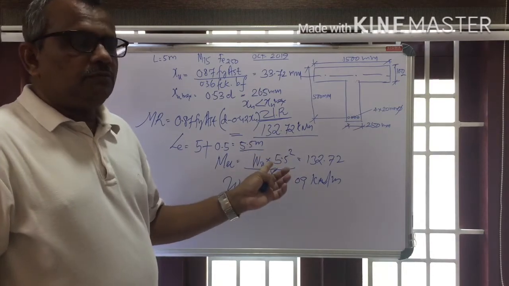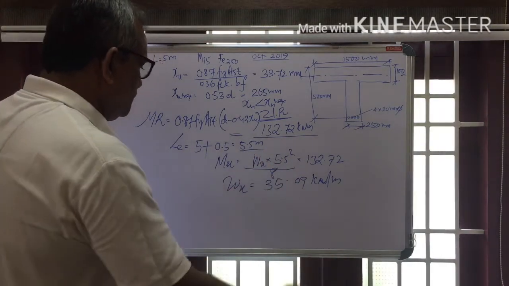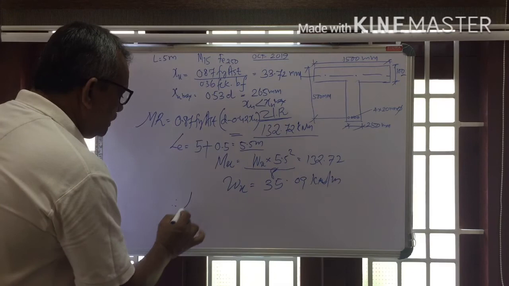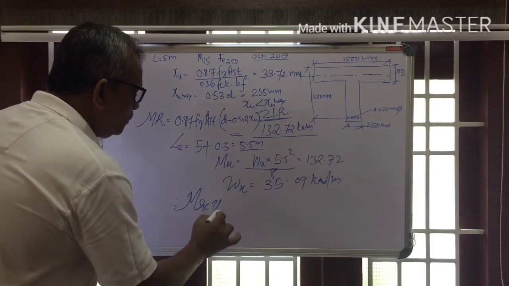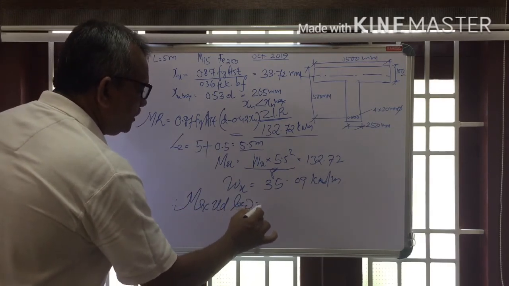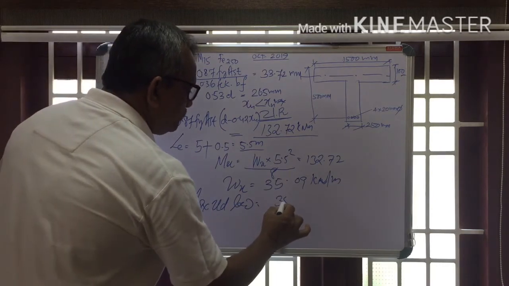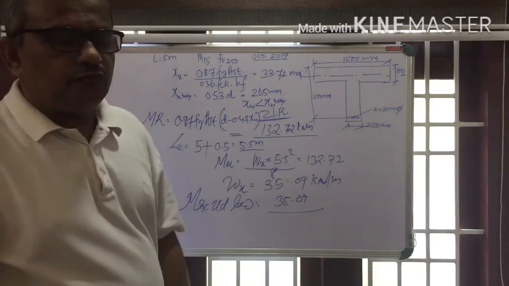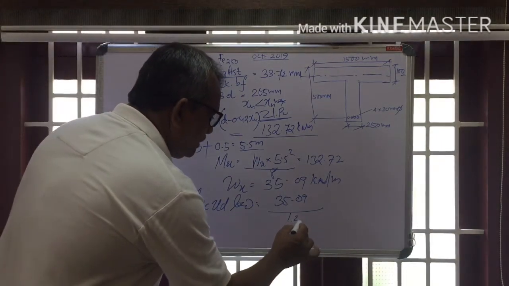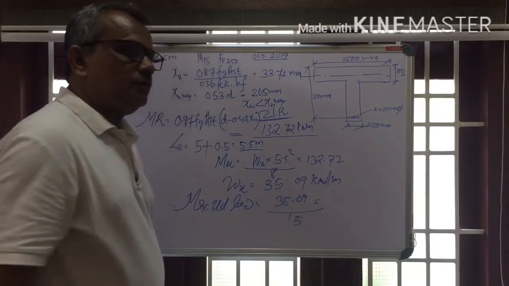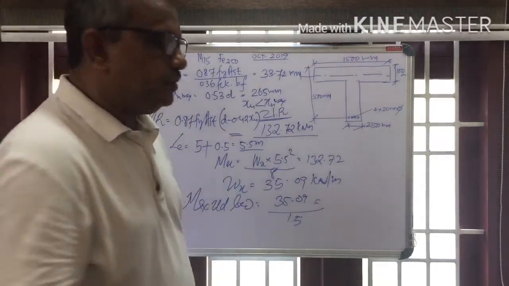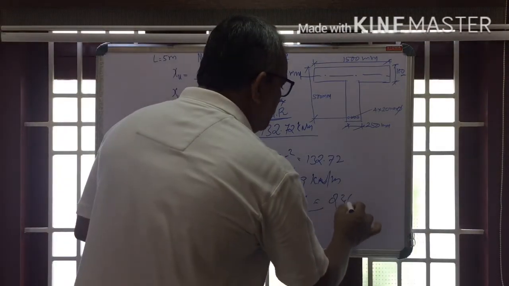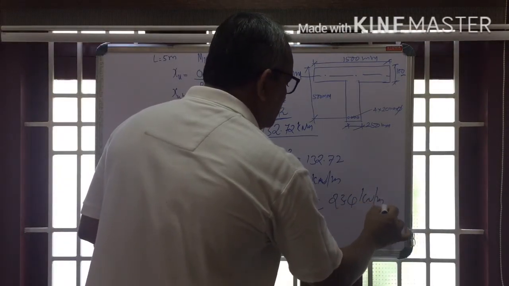Then we have to find out the maximum UD load it can carry. Therefore, the maximum UD load it can carry is equal to 35.09 divided by the partial safety factor, that is 1.5, you know that, which is equal to 23.4 kilonewton per meter.